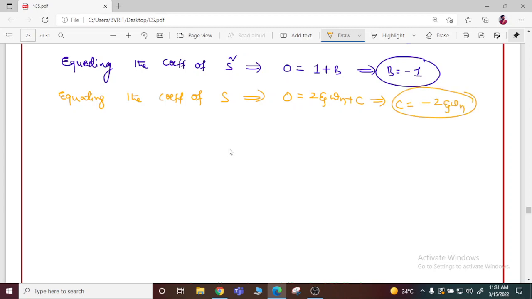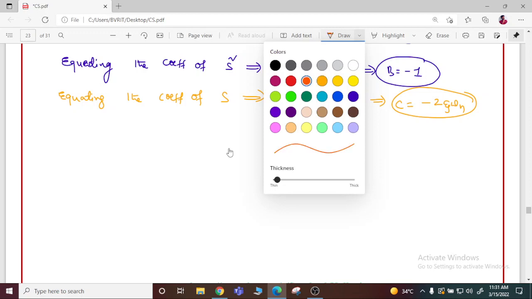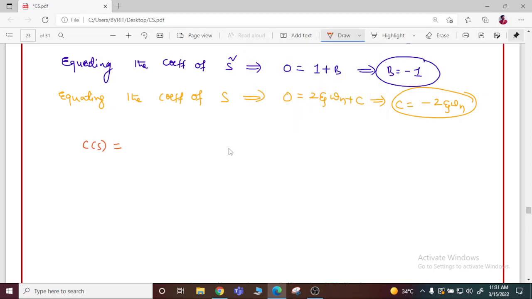So now the transfer function will be C of s is equal to, A is 1, so 1 by s minus, taking minus as common, s plus 2 zeta omega n divided by s square plus 2 zeta omega n into s plus omega n square.